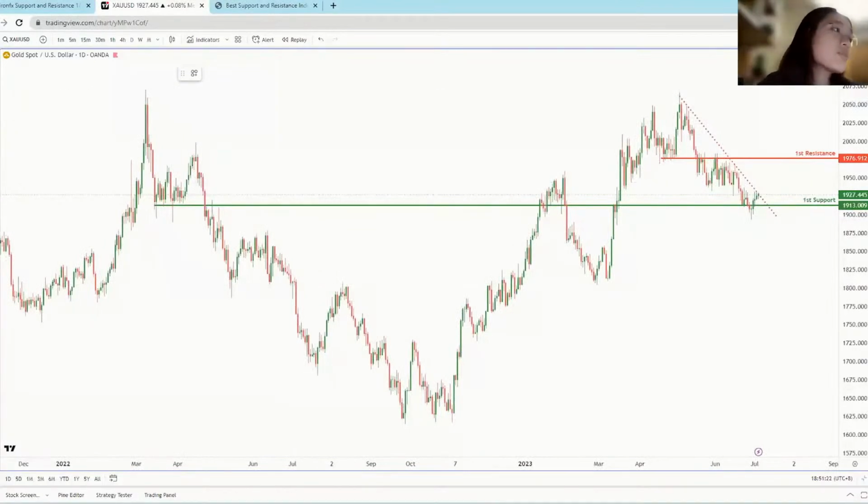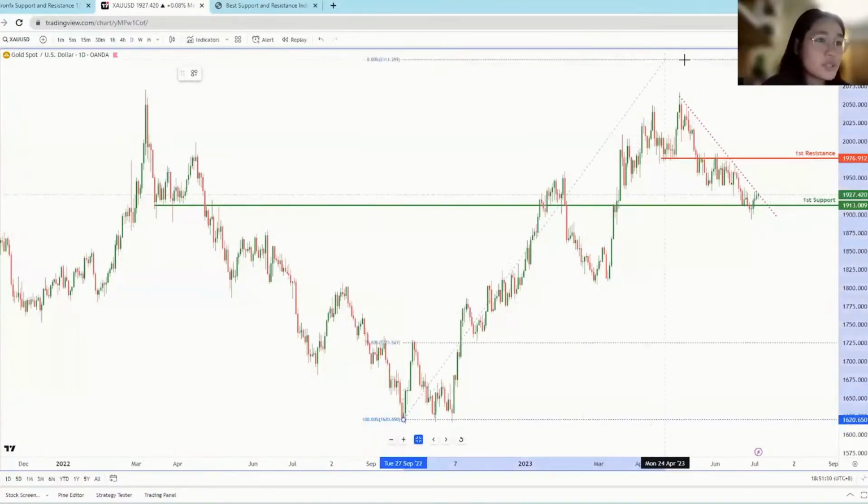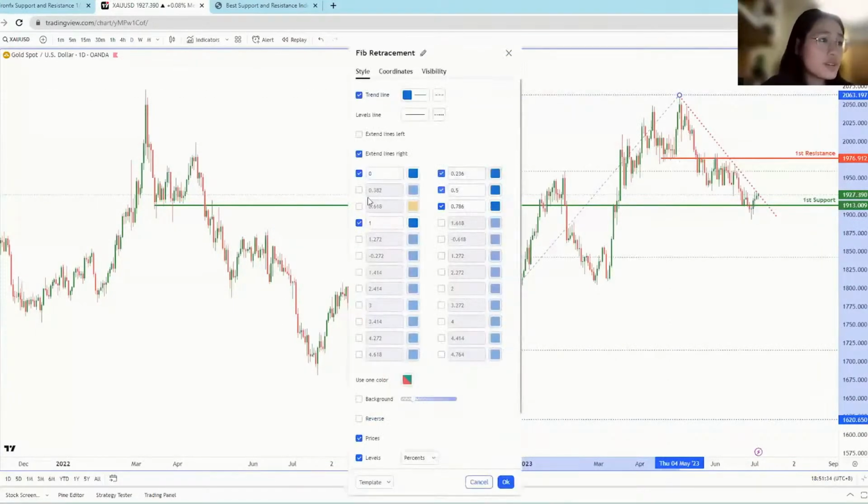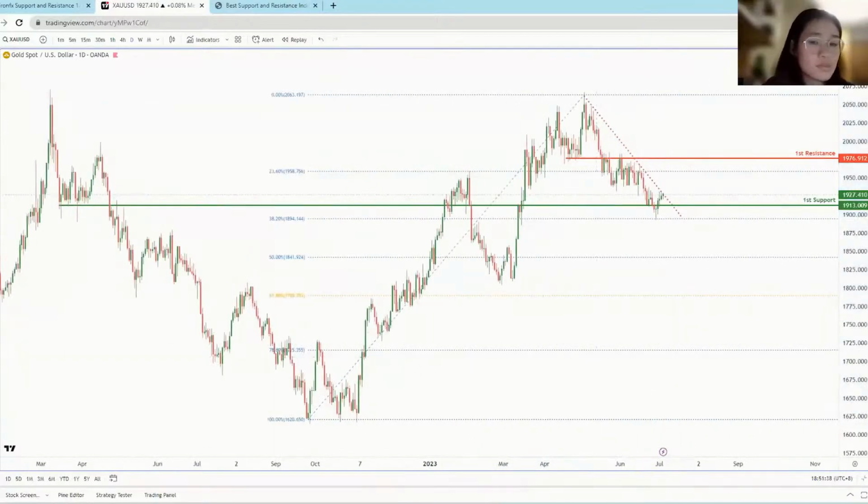Okay, now let's go in with our Fibonacci levels. I have a retracement from here to here. For retracement, we use these 5 levels. Okay, and then I have another retracement here.